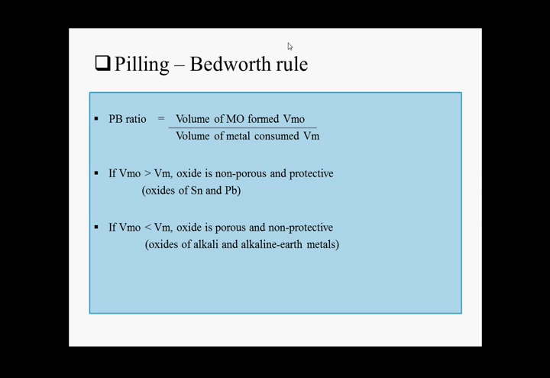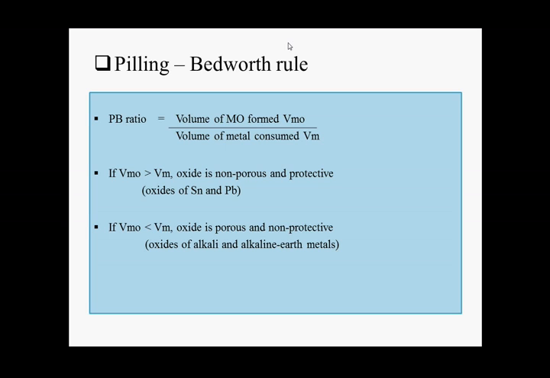According to this rule, if the volume of metal oxide formed is greater than the volume of metal consumed, then that metal oxide layer is non-porous in nature. That is, as the metal oxide volume is greater, further gases cannot penetrate into that layer. Further gases means the atmospheric gases like oxygen cannot penetrate into this metal oxide layer, and so this oxide layer acts as a protective layer to the metal.